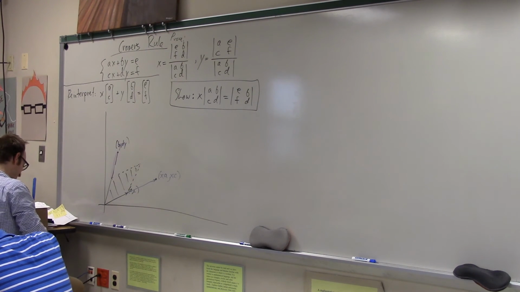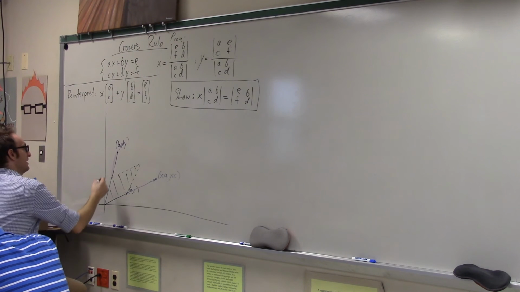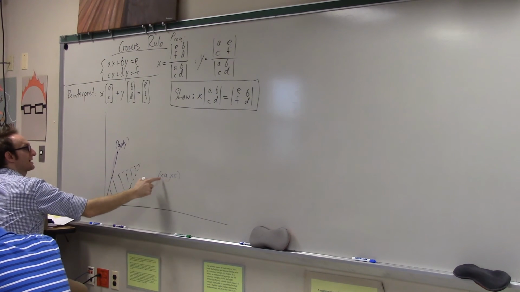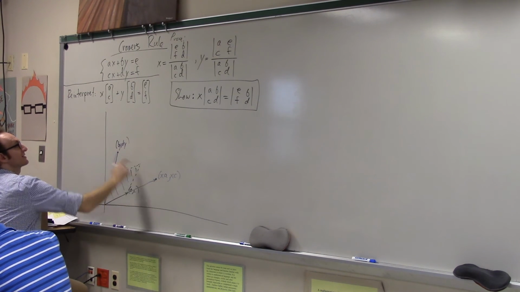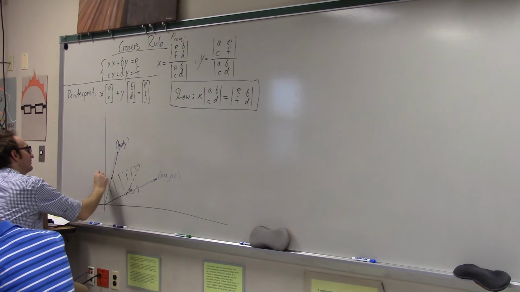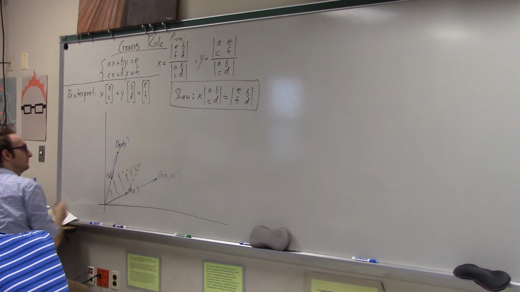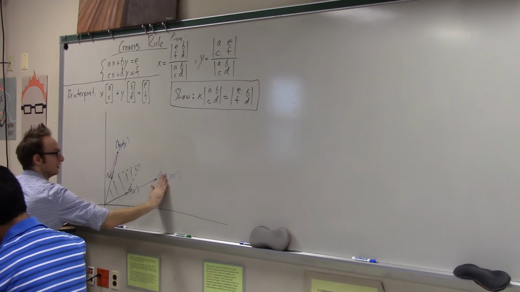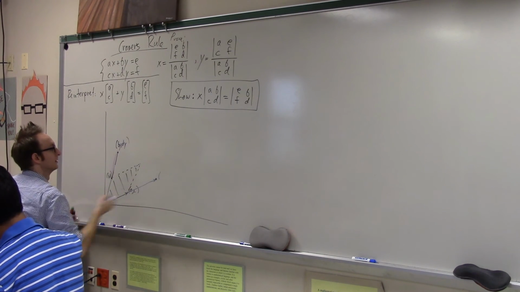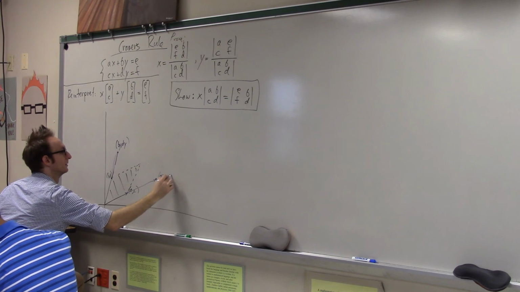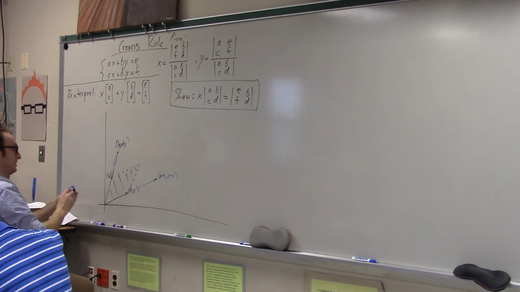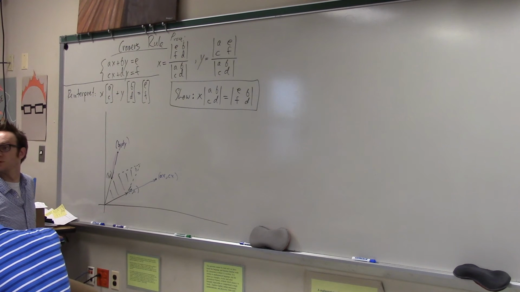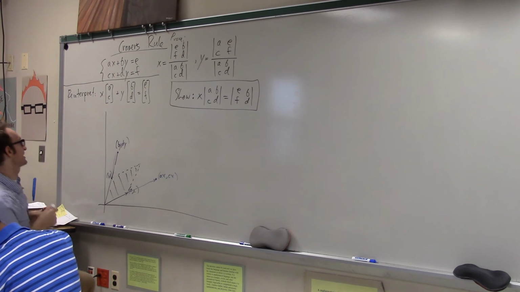And now if the sum of this vector and this vector is EF, then draw EF. What is EF? It's the diagonal, yeah.